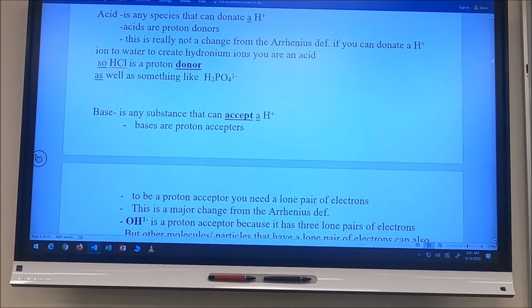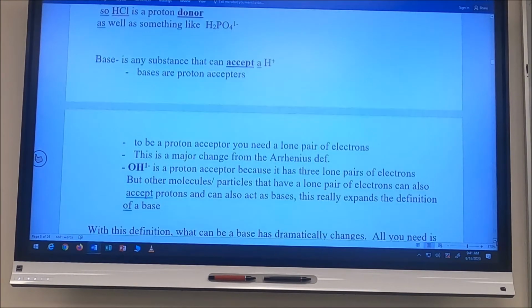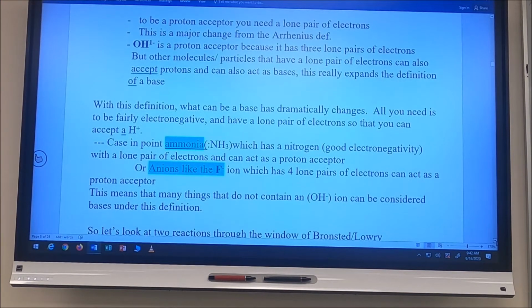Okay? So a base, to be a proton acceptor, a hydrogen ion acceptor, has to have a lone pair of electrons. And this is the major change from the Arrhenius definition. So the hydroxide ion itself, once it's released into water, is a proton acceptor, a hydrogen ion acceptor, because it has 3 lone pairs of electrons on the oxygen. Okay?